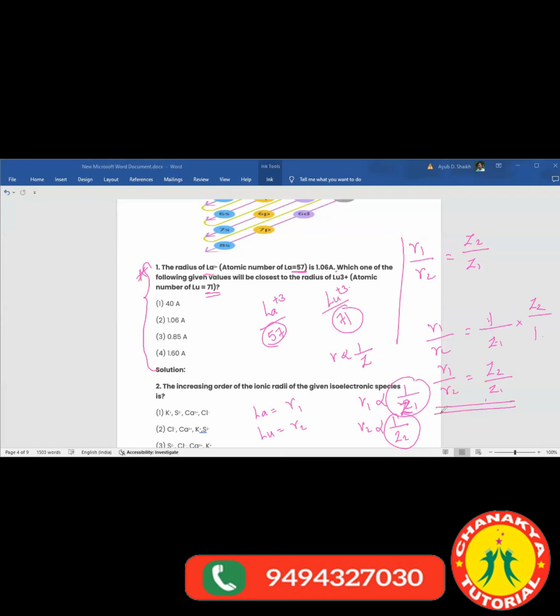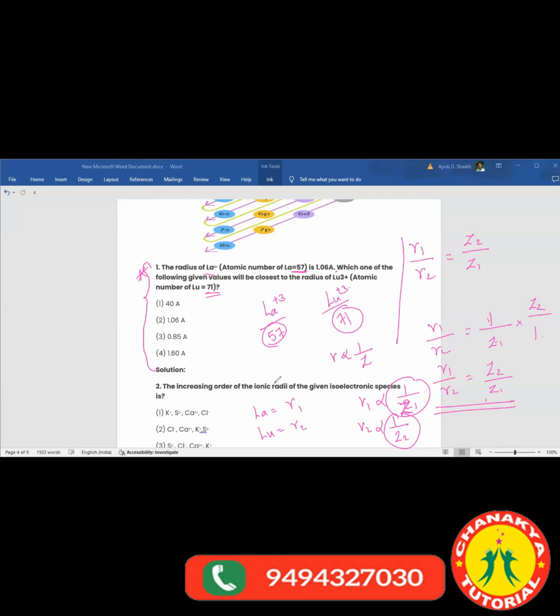If it were directly proportional, you would write Z1 upon Z2 directly. Got it? Yes, ma'am. It's simple mathematical logic.